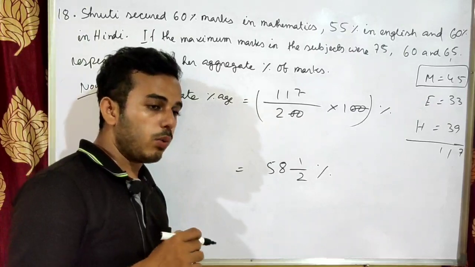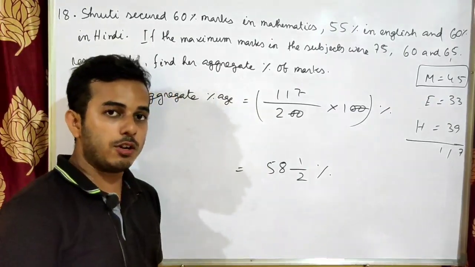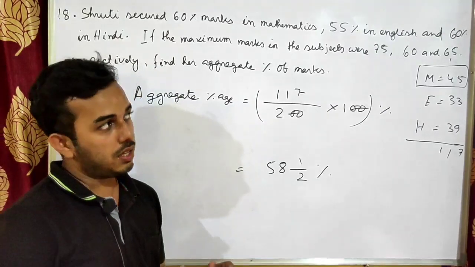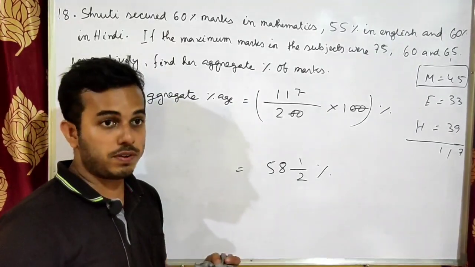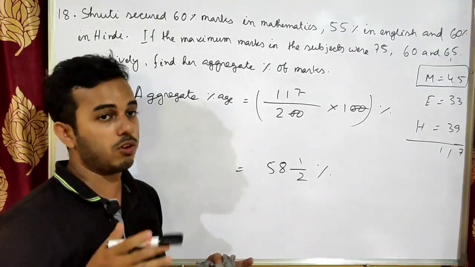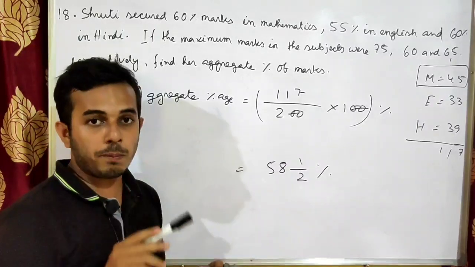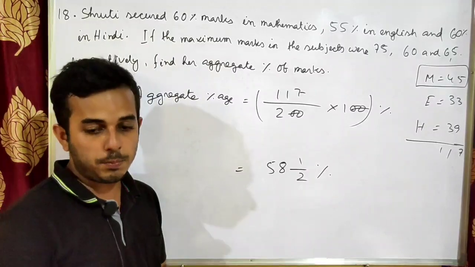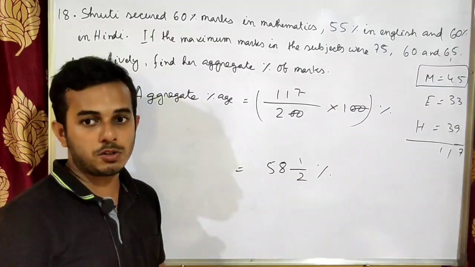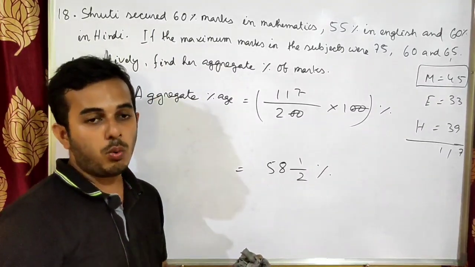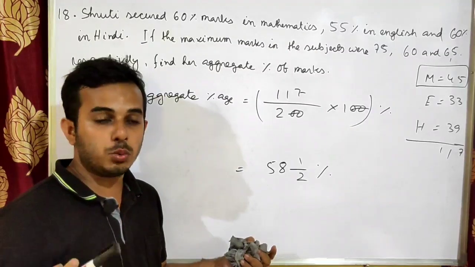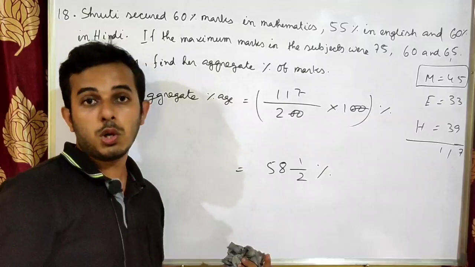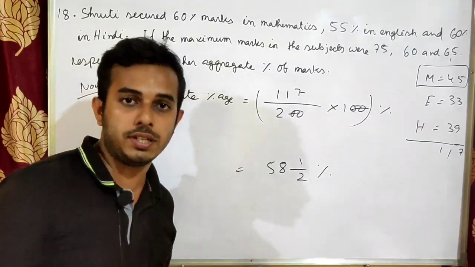Okay, so this is how we can find out the marks. What we have done in the question? First we found the marks in each subject. In each subject the total marks were different, and the marks obtained were also different. So we found the percentage marks obtained in each subject one by one. Then we summed up all the marks obtained and all the total marks of the 3 subjects, which was 200, and marks obtained was 117.